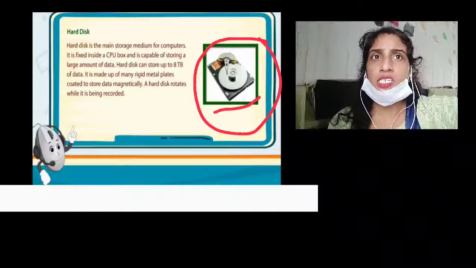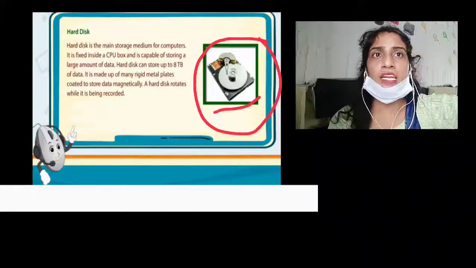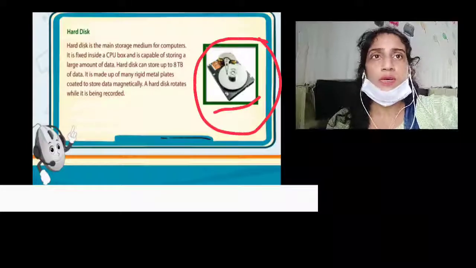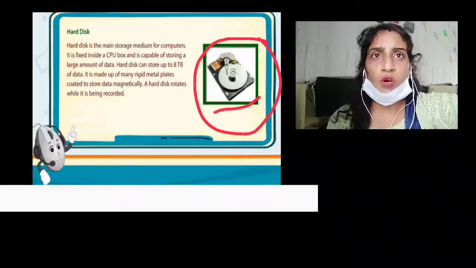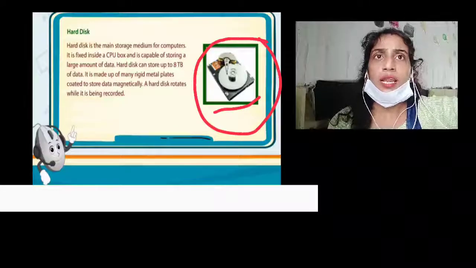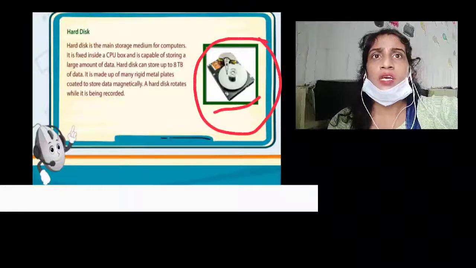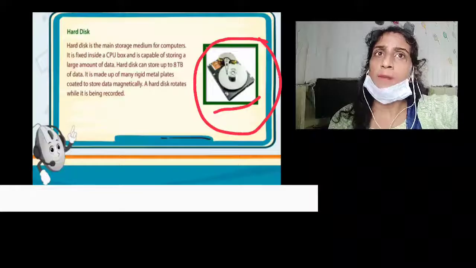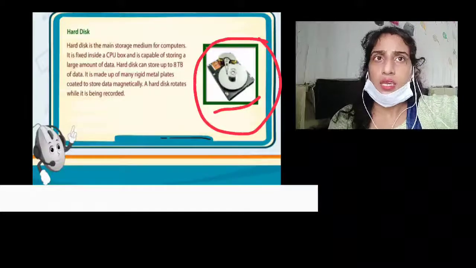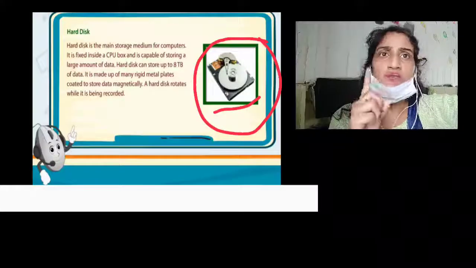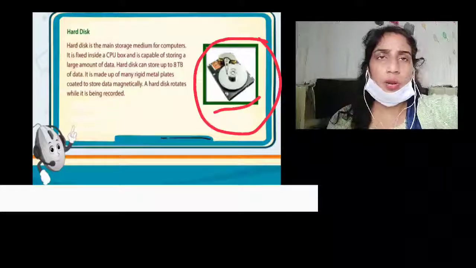A hard disk can store up to 8 TB, that is 8 terabyte of data. It is made up of many rigid metal plates coated to store data magnetically. A hard disk rotates while it is being recorded.